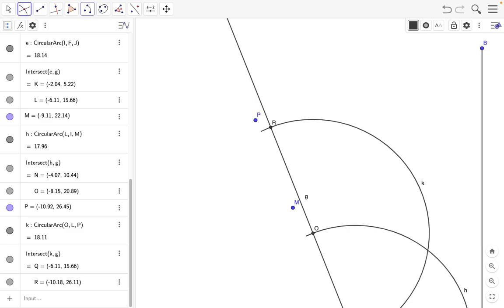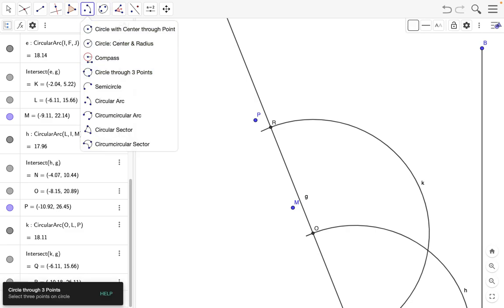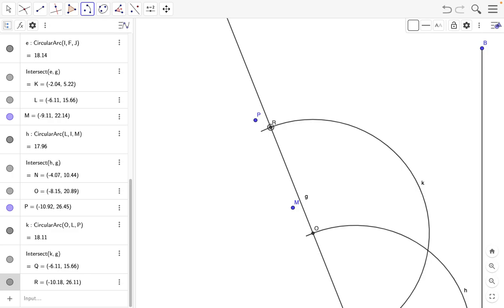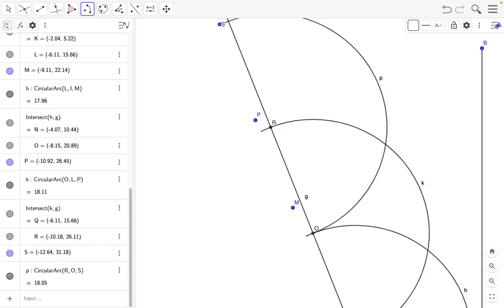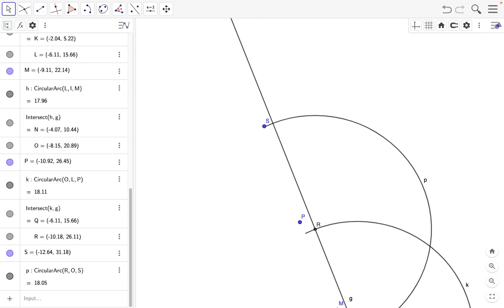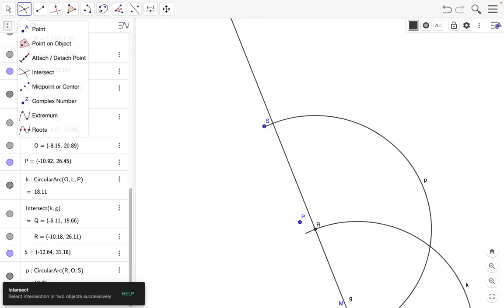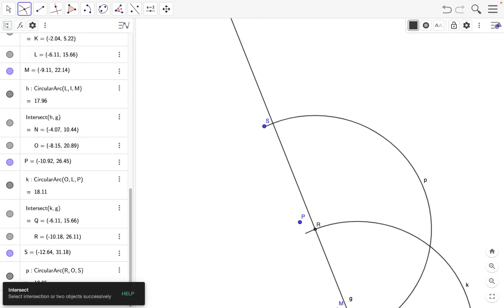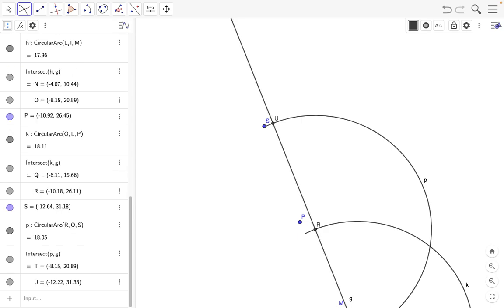Next we will go for drawing the arc, taking R as the center, RO is the radius on this side. Next is to determine the point of intersection between this curve and the arbitrary line. So again we will select intersect between this and this. So U is the point of intersection.